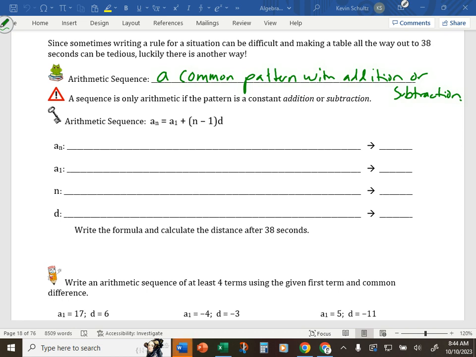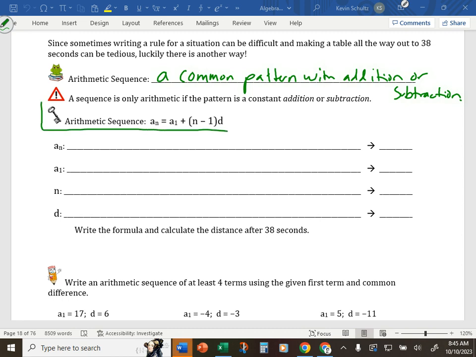Arithmetic means add or subtract. Sequence means pattern. I'm not talking about a pattern that's like +1, +2, +3, +4, +5. That's not a common pattern, right? Because you're adding something different every single time. A common pattern is +32, +32, +32, or -5, -5, -5. Okay, so that word common does come into play here, but arithmetic sequence is a common pattern with addition or subtraction.